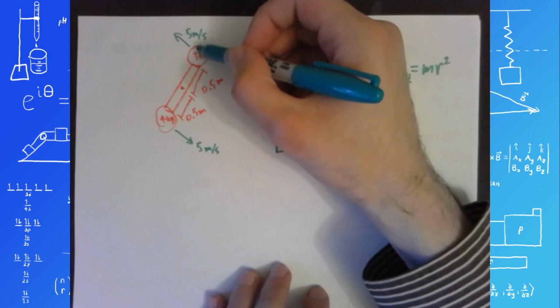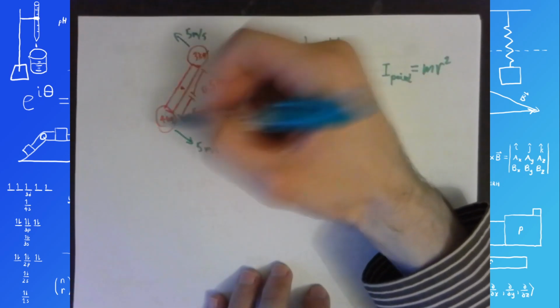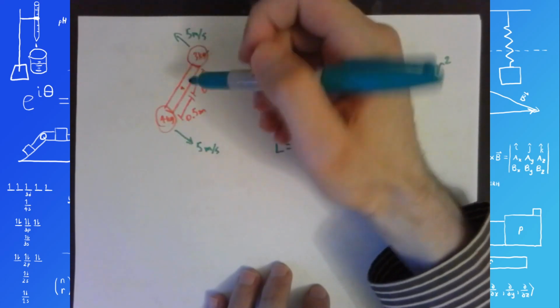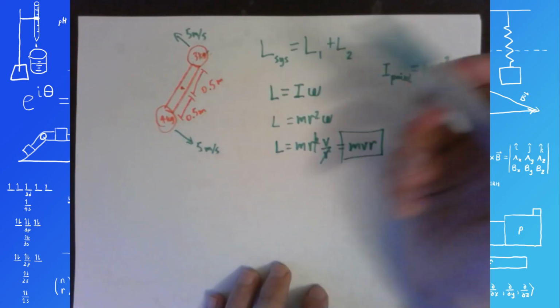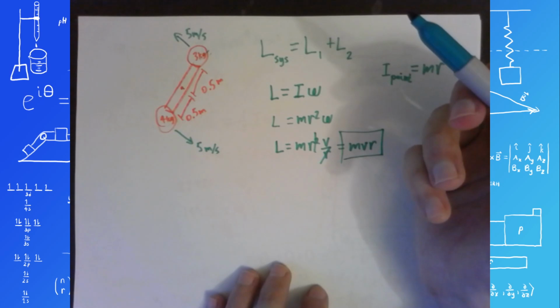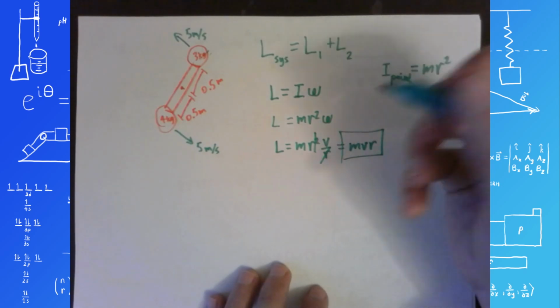So this angular momentum is going to be in the counterclockwise direction, and so is this one. So they both are in the same direction, both are counterclockwise, so they add.